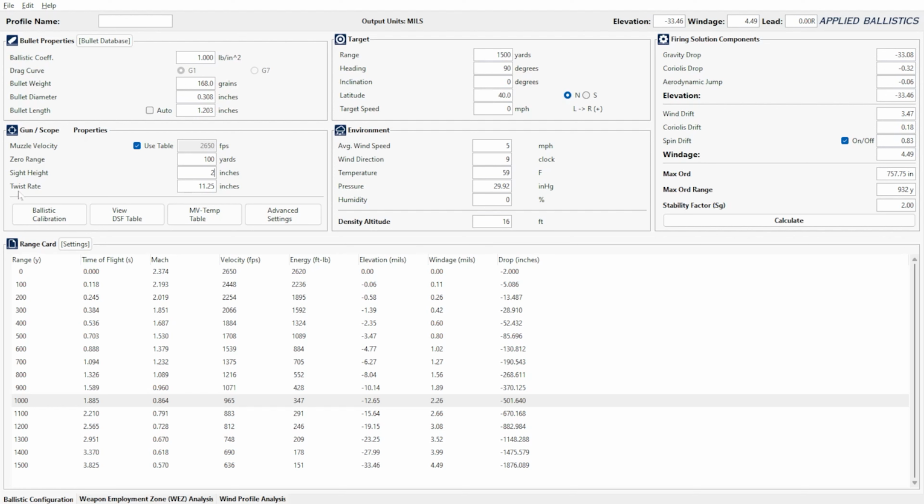Then we have twist rate here. So we're using a 308. The likelihood is it's something like 1 in 10 or 1 in 12. But again, check with the manufacturer. You should have a manual with the rifle that will tell you your twist rate. And this can make a difference in terms of projectile stability.